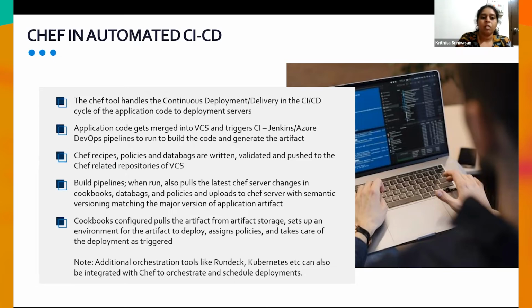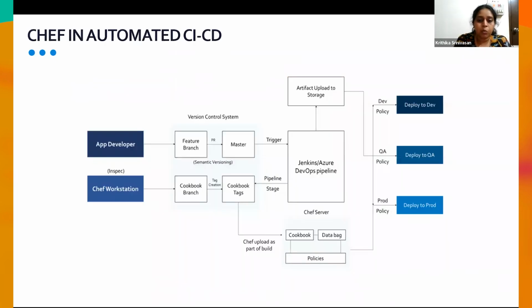So instead of going through these, I would want to discuss this particular architecture diagram that we have come up with. Say there is an application development that is happening here.